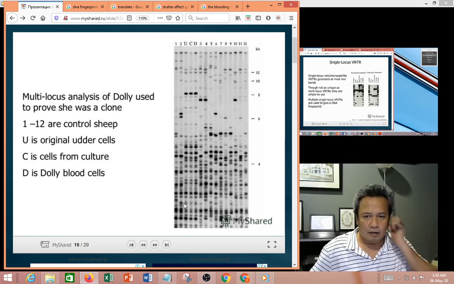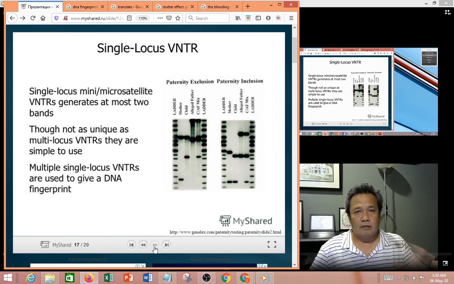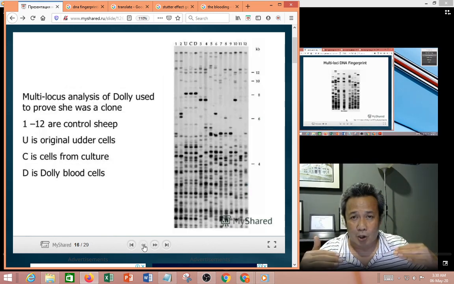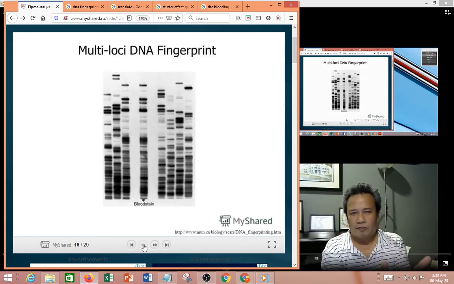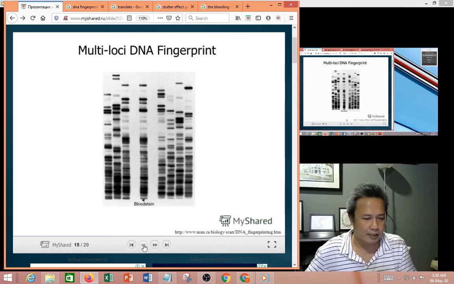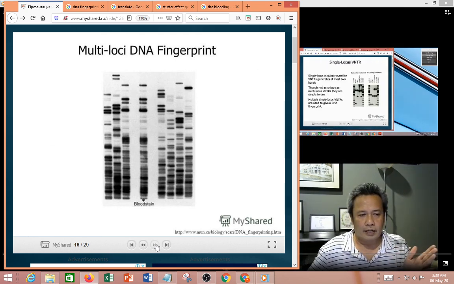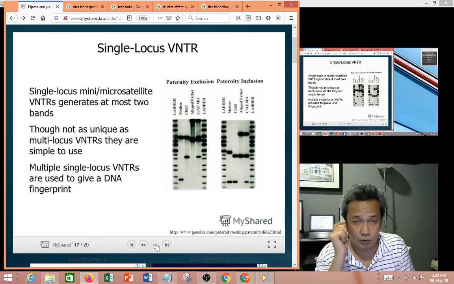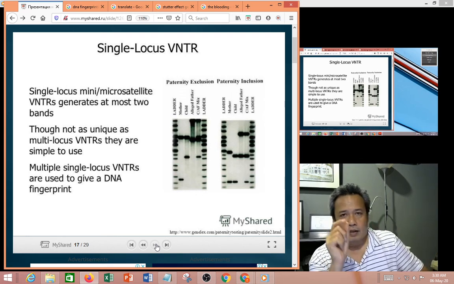Next, now again, the issue with fingerprinting is that you're looking at multiple loci at the same time, and then you get this kind of result, and it's not easy to interpret. Then comes DNA profiling, and here you look at individual loci.